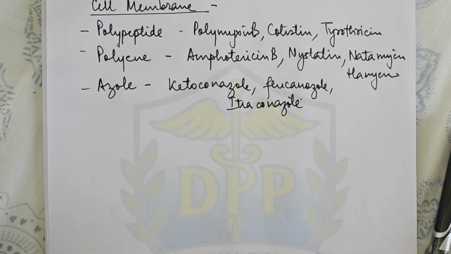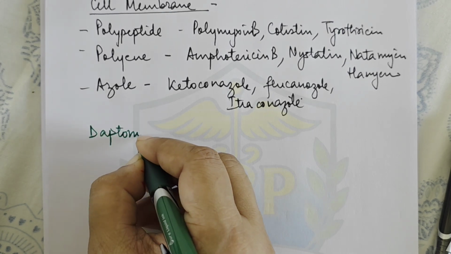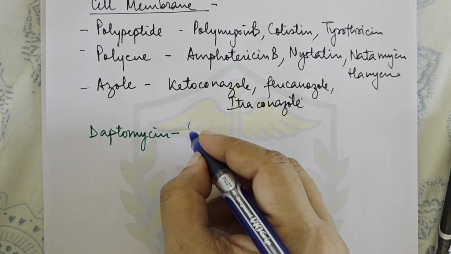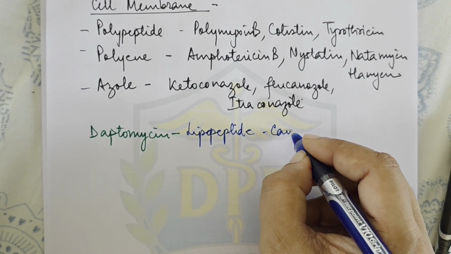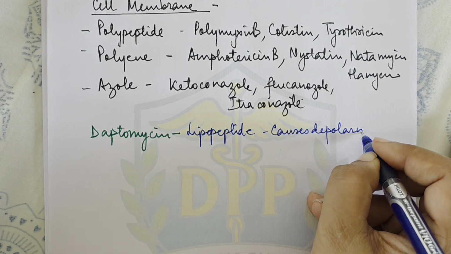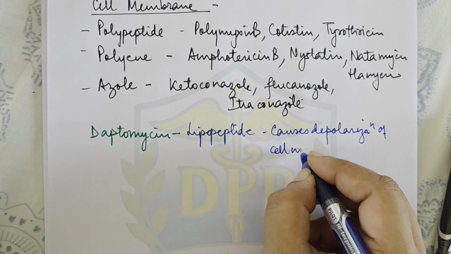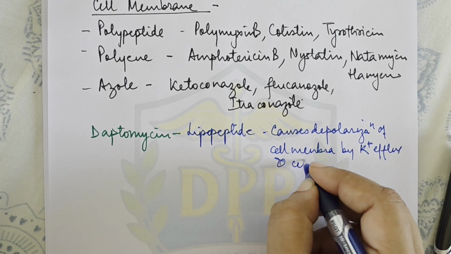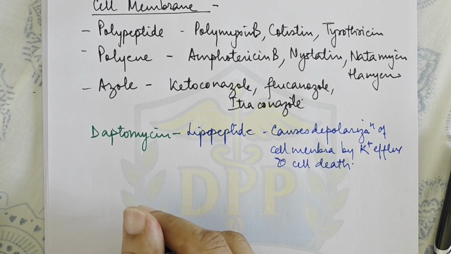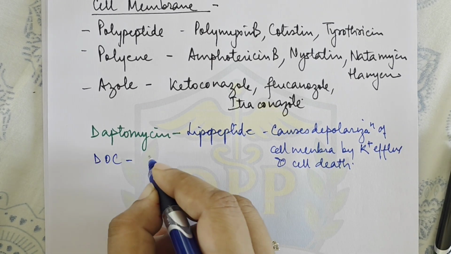Then there is a drug called daptomycin. Now daptomycin is basically a lipopeptide. This also causes depolarization of the cell membrane by potassium efflux and cell death, right? It is now the drug of choice for VRSA.